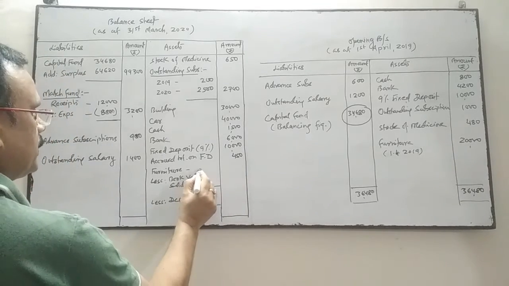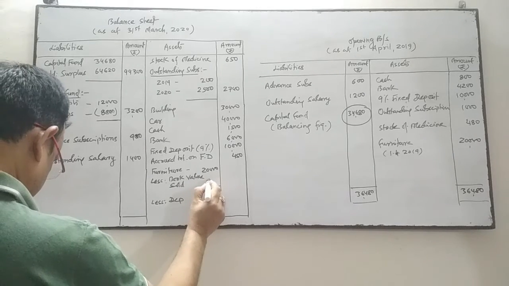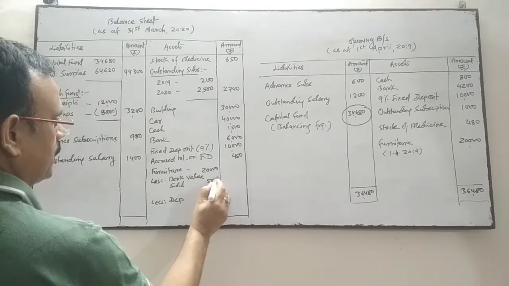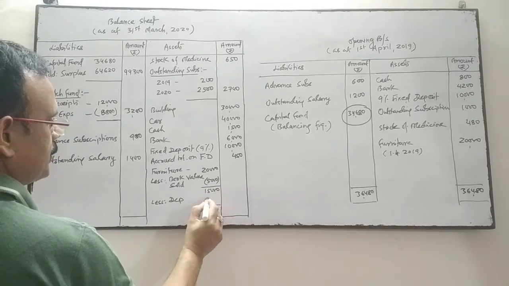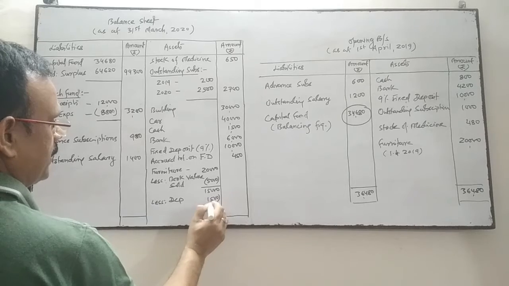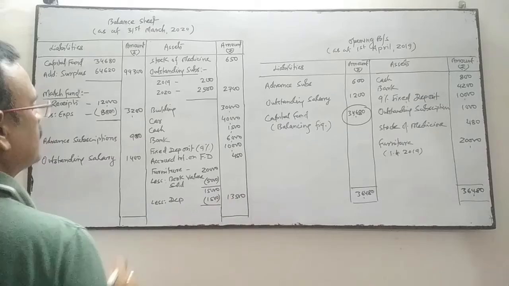Furniture whose book value is 20,000, out of that 5,000 was sold, so remaining furniture is 15,000 and depreciation of that furniture is 1,500, so rest amount is 13,500.